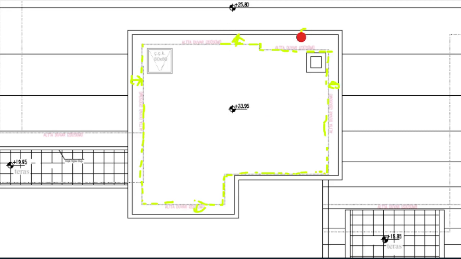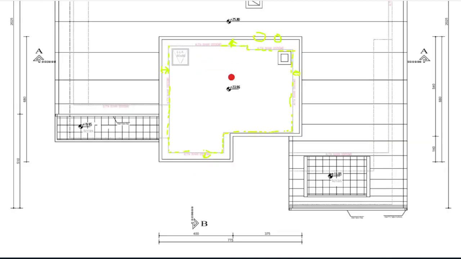And what is this? Korkuluk. Those, let's say, hand railing. There's a specific terminology in technical drawing, which in Turkish they call korkuluk, which is protection.